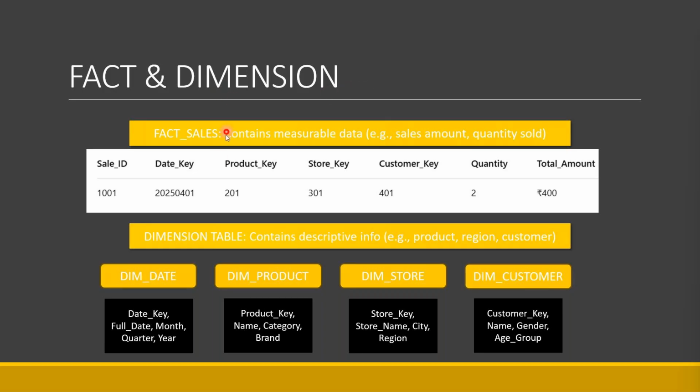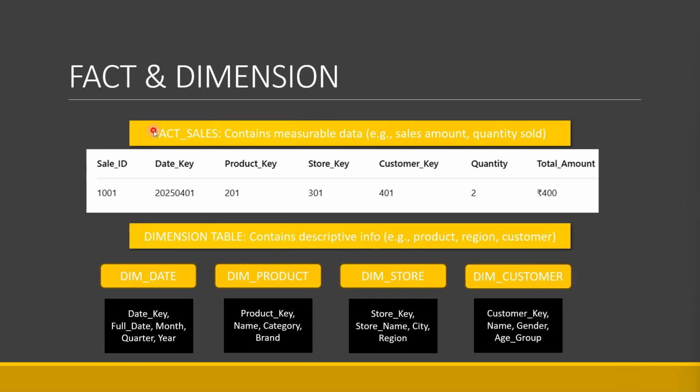The major difference is fact tables usually contain measurable data like quantities or price information, right? So all the price-related or numerical information will be stored only in fact tables, while dimension tables are utilized in a data warehouse to store descriptive information.